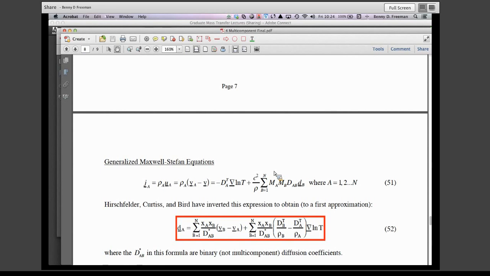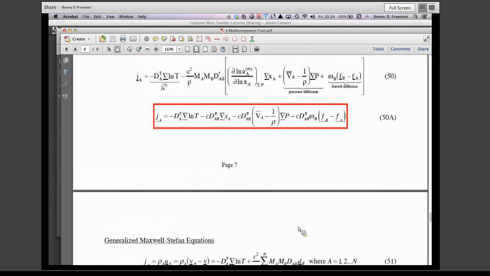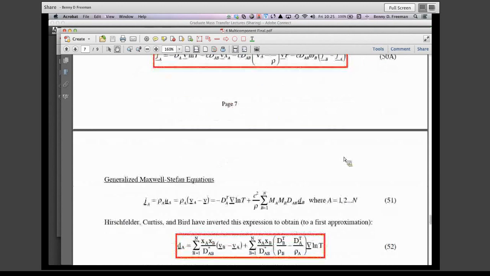What we have done so far is we've written the diffusive mass flux, that is these J sub A's, in terms of gradients in composition of A, gradients in pressure, gradients in temperature, and so forth.